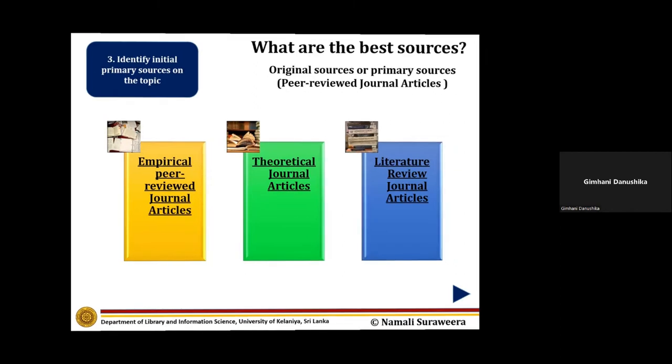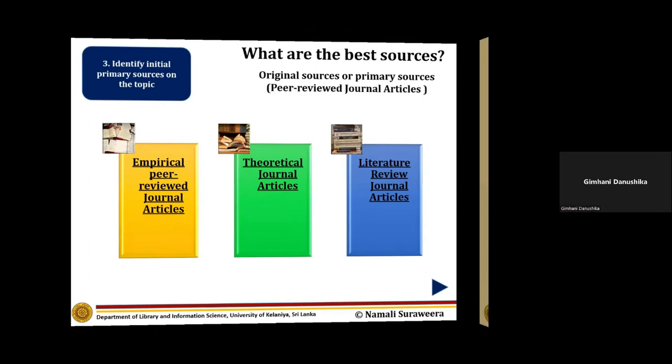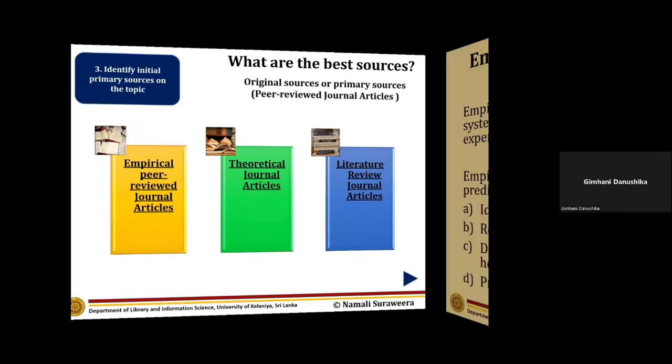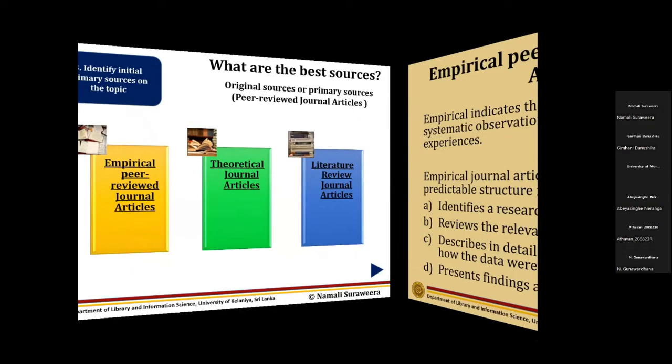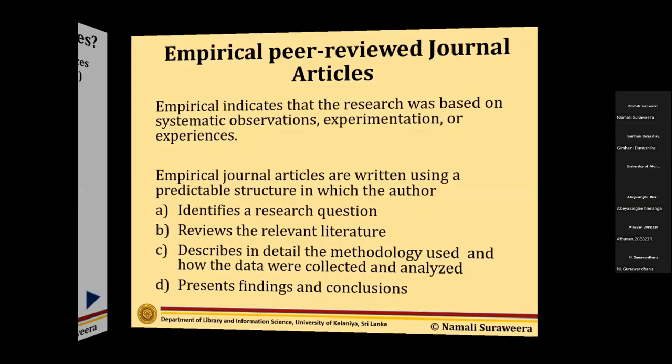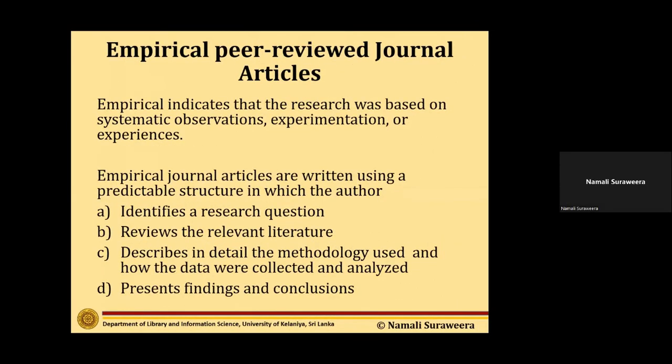Empirical peer-reviewed journal articles, as you can see from this screen, show you the research process. What are their research questions, what research process they have taken, how they have conducted the literature review, what research methodology they have used, how they have analyzed and come to the conclusion and recommendation.